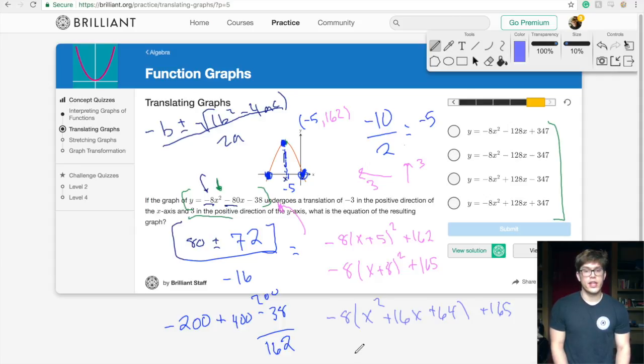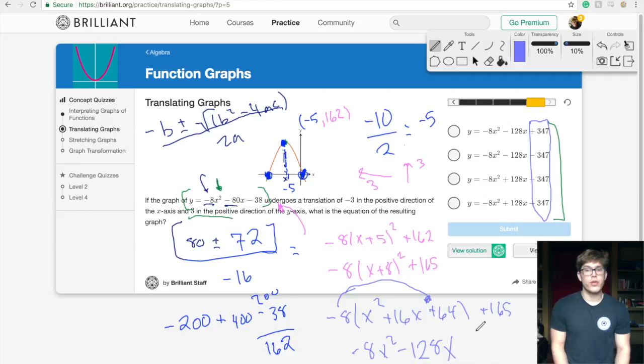Okay, we're going to have a negative 8x squared. These are all negative 8x squareds. Is 128x going to be positive or negative? Well, we have a negative 8 times a 16, so this is going to be minus 128x. And then we have a negative 8 times a 64. Okay, this is a very large negative number. We see all of our last numbers are 347.